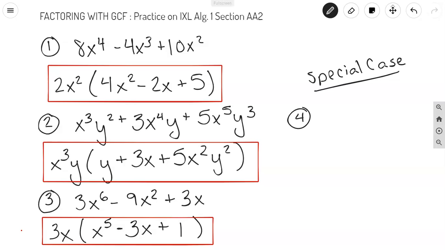What if it says something like 3x plus 2y plus 5? I look at all my number parts and I see there's 3, 2, and 5. The only thing that can go into all three of those terms is 1. And then look at my variable part, x, y, even no variable. They don't have a common thing. There's nothing that they all have in common.